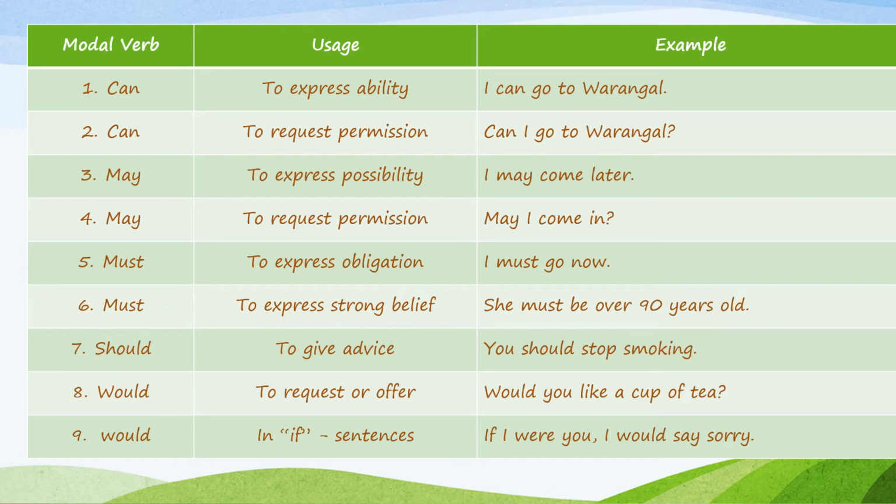In the eighth one, would, to request or offer. Example, would you like a cup of tea? Here we are offering something to others. And the ninth one, would, in if sentences. For example, if I were you, I would say sorry.